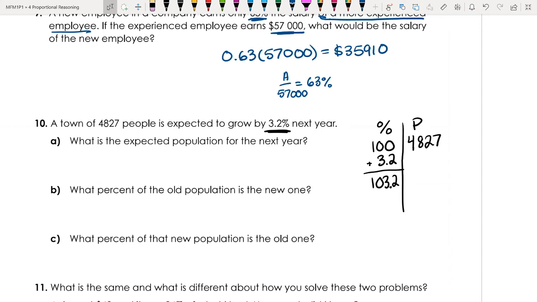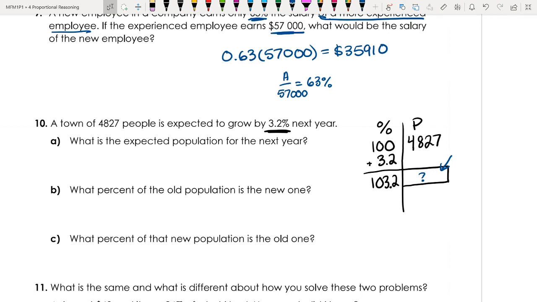Okay, so now we know the original population, and we're trying to find the new population, not just as a percentage, but in a real amount. We're trying to find that value right here, right? And what do we know about that? We know that this amount here is going to be 103.2% of the original population.